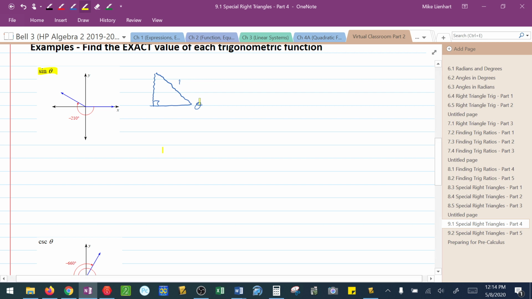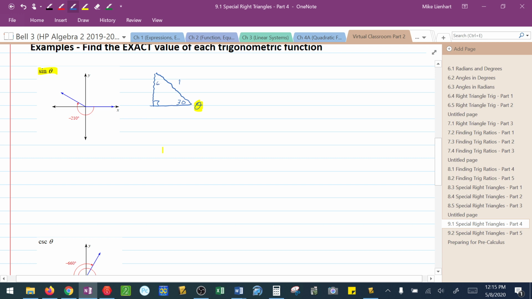Knowing theta is right there is very important because we're going to use that when we go to find the sine of theta. I know that this terminal side, negative 210, is 30 degrees above the negative x-axis.